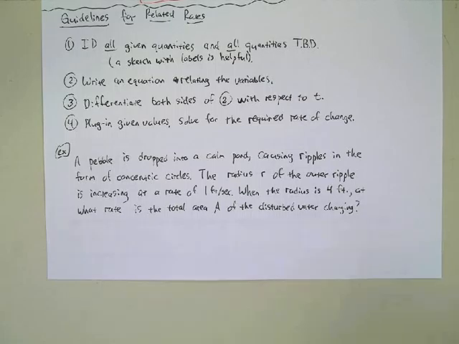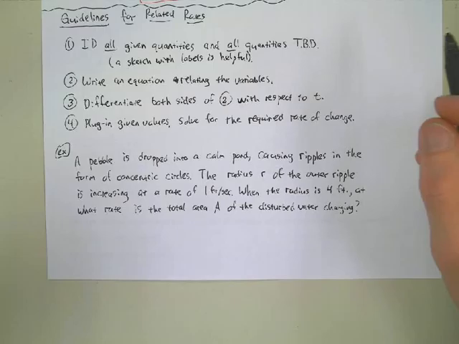When the radius is 4 feet, at what rate is the total area A of the disturbed water changing? Obviously the area is increasing, because the ripples go out and more and more water is being disturbed. So we want the rate of change of the area that's being disturbed.